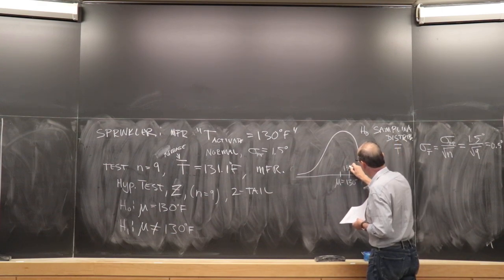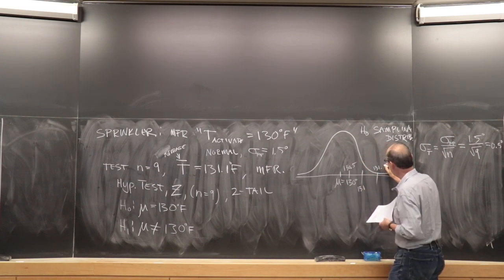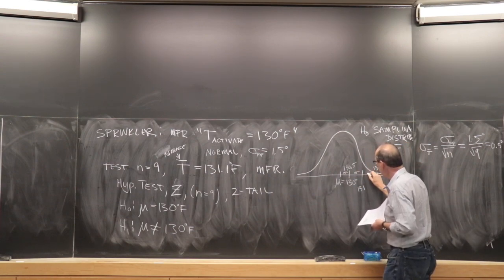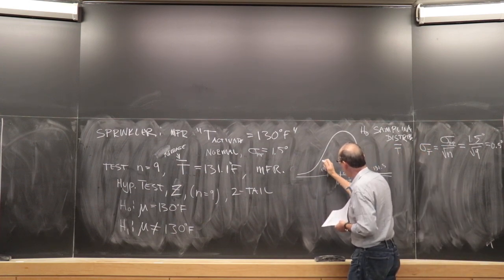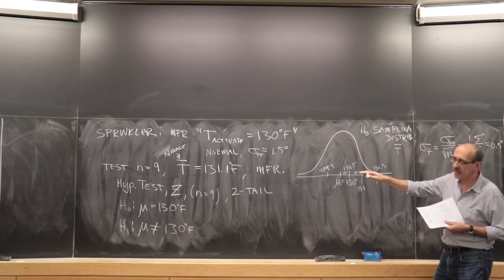This is going to be 130.5, this is going to be 131, this is going to be 131.5, and so on, with a standard deviation between each one of these. And of course, it goes the other way too. This would be 129.5, and so on, down the other way.